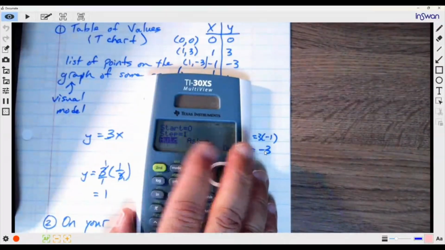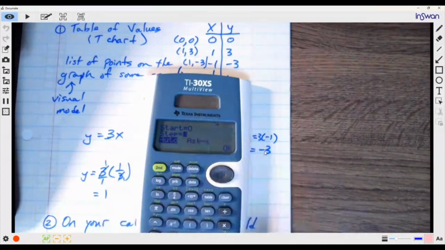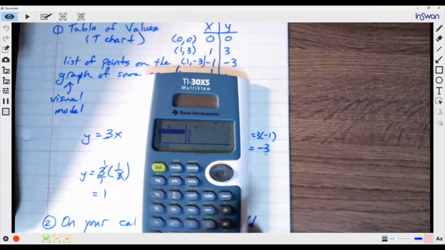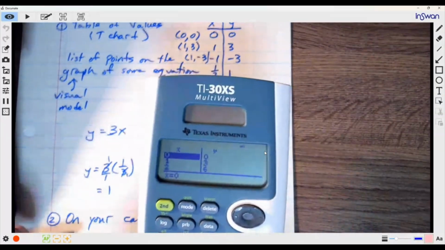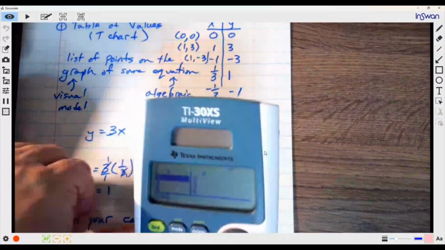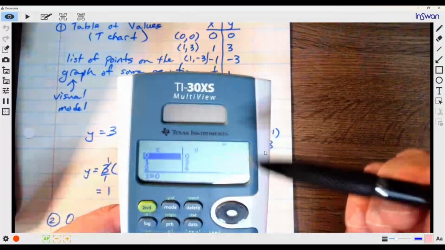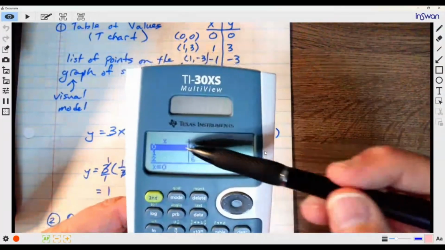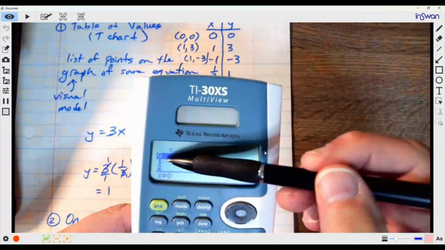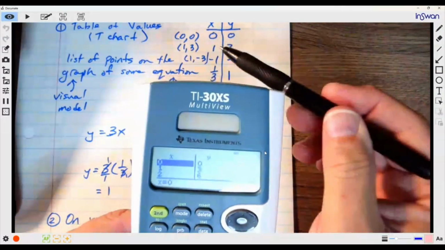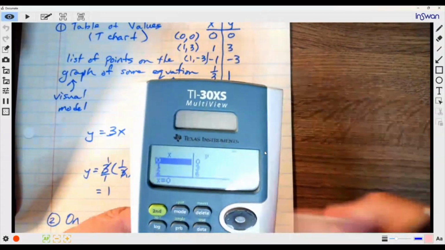Right now we're going to leave it on auto. You'll find out what this means in just a minute. So I'm going to hit enter. It's blinking on auto. I'm going to go to OK. I'm going to hit enter. And look at that. 0, 0, 1, 3.